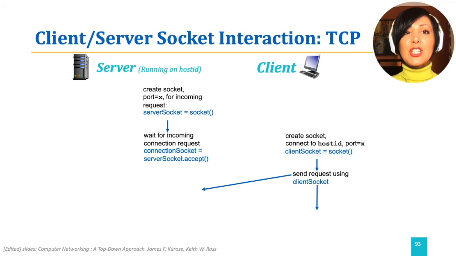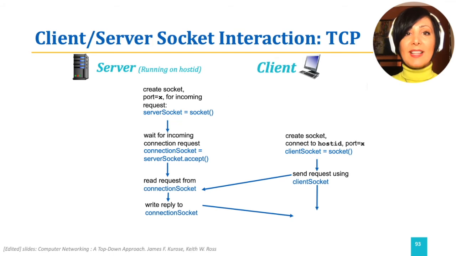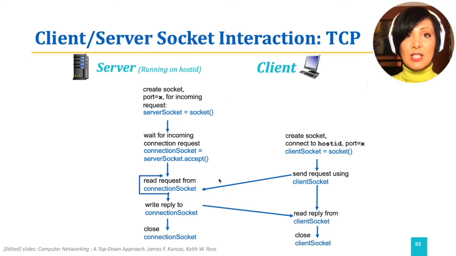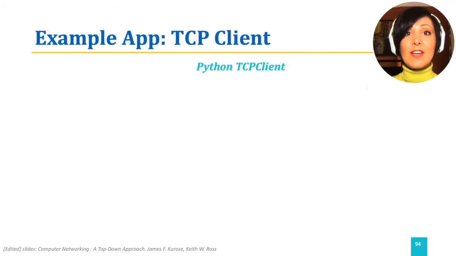The TCP connection from the client is made to this new connection socket, where the communication with the client happens. While the connection socket is closed after the communication with the client is finished, the server socket remains open while the server is running, so that it can communicate with other clients that may want to connect and communicate with it.